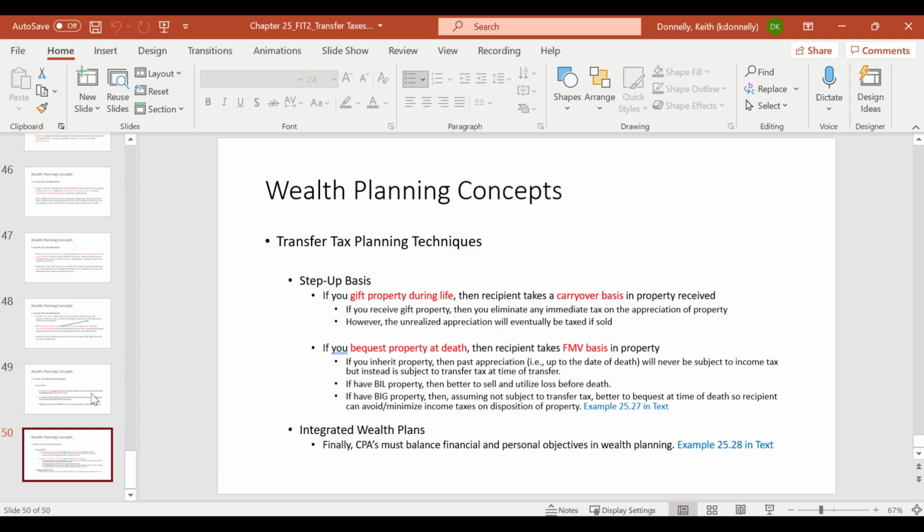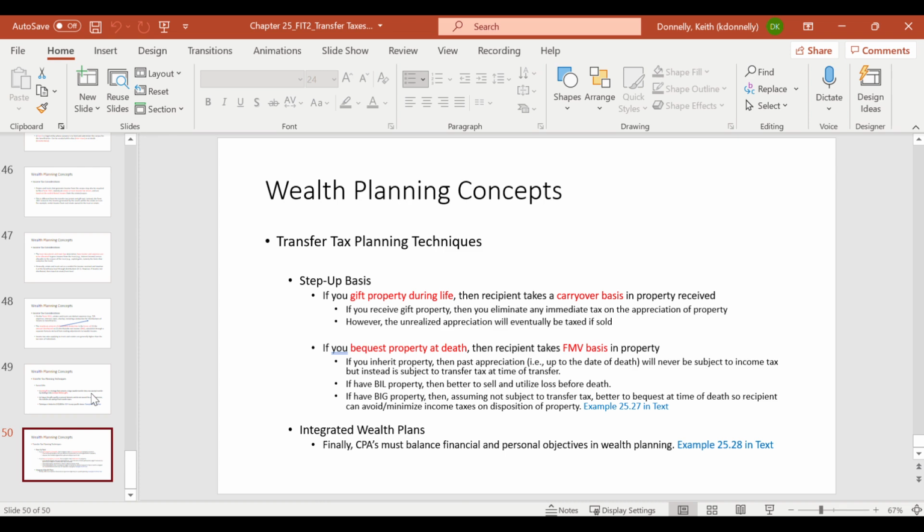Finally here, things we have to be aware of if we're looking at the donee. This whole chapter we've been talking about what are the consequences to the donor or the decedent, the person who gives the gift or dies. How about the person who receives the property? Well, the big thing here that we want to be aware of is if you gift it versus you give it at death.